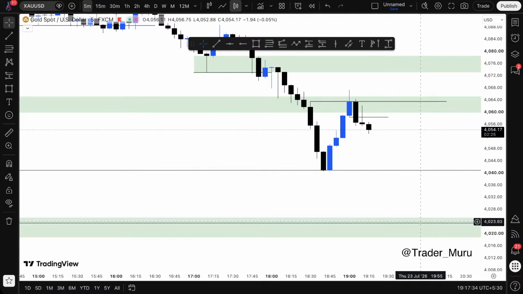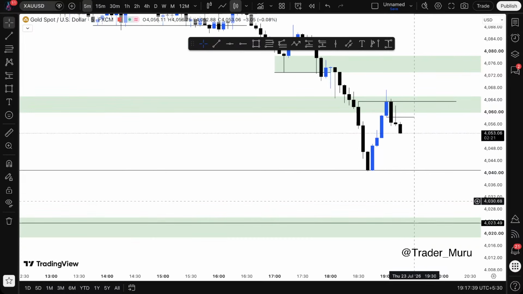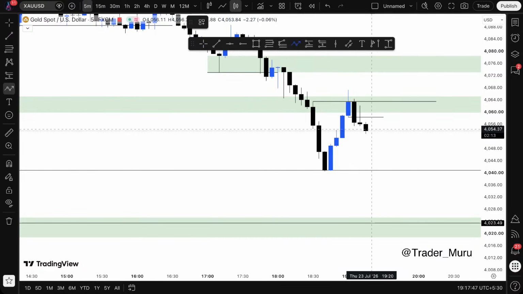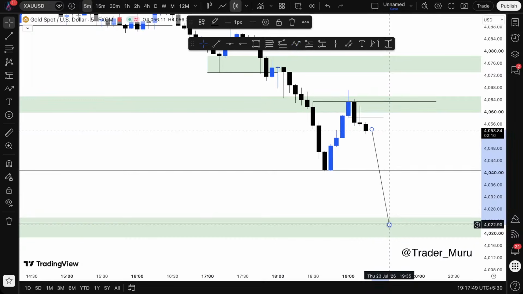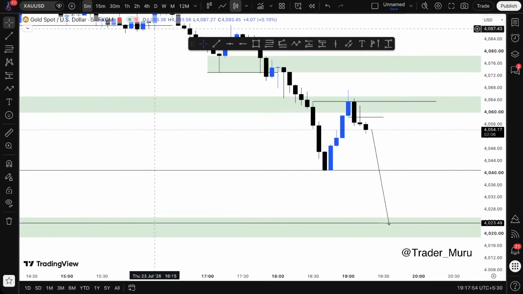Price needs to test 23 now. My expectation until we break above this zone now will be lower.